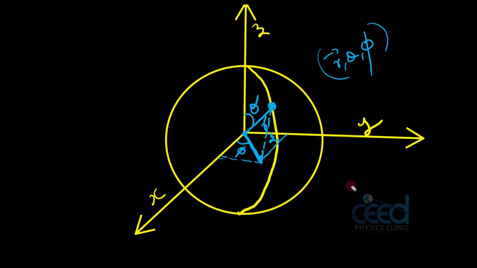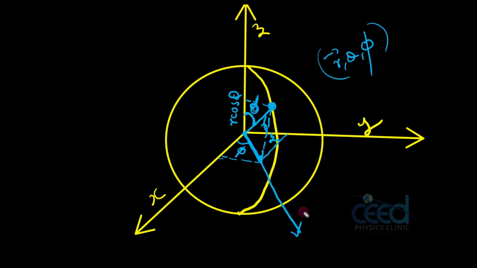To locate this, if this angle is theta, what is this? This is r cos theta. If I draw a line to here, this is r cos theta, and what about this? This is r sin theta.